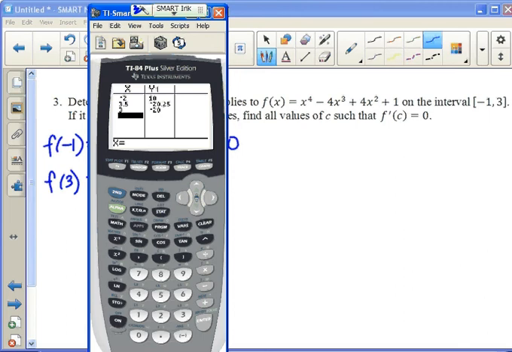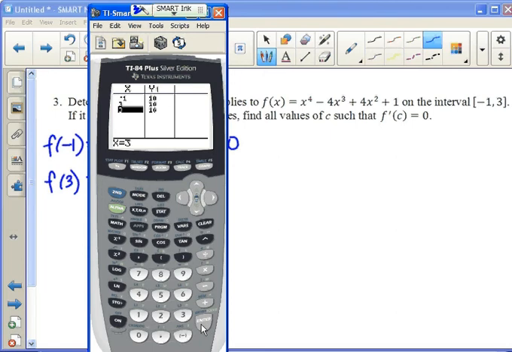Let's just do this. Save ourselves a little bit of time. x to the 4th minus 4x cubed plus 4x squared plus 1. Then we go to the table and plug in negative 1 and 3. And we get 10 for both.